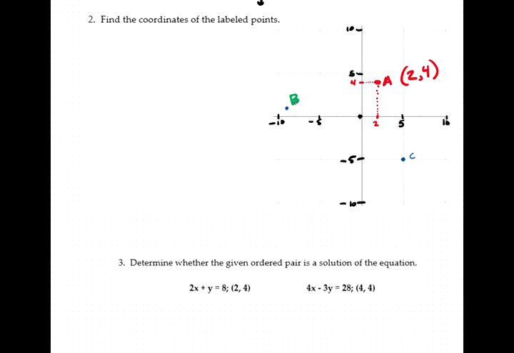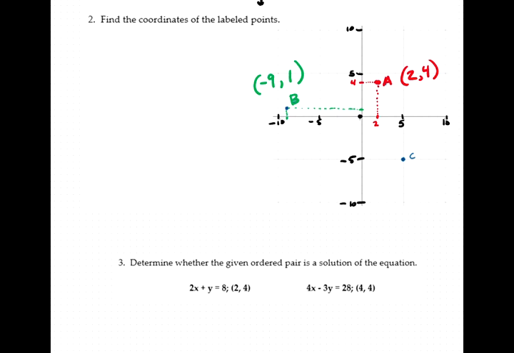So for point B, it looks like we're 9 units to the left on the horizontal or the x-axis. So that would be -9 for the x value, and it looks like we're at +1 vertically. So the horizontal value is -9, and the vertical value, or the y value, is +1.